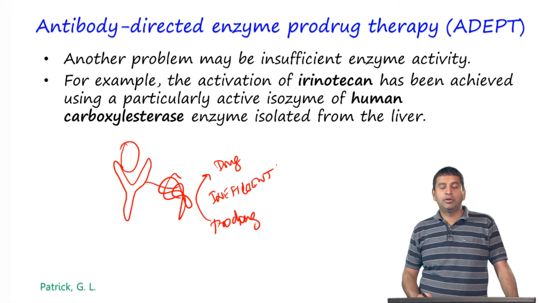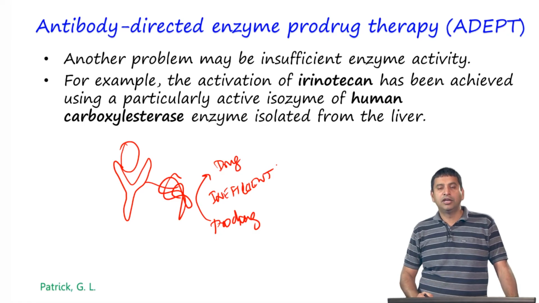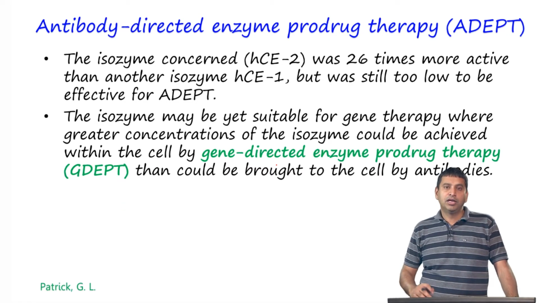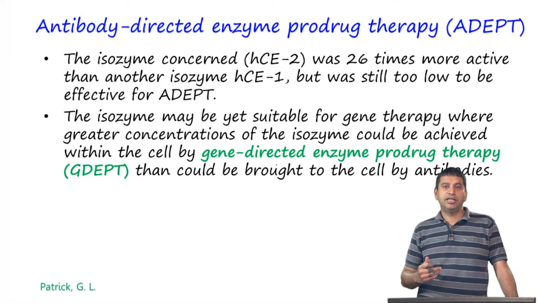The example that we are looking at is irinotecan, which has a conjugate, so that you have the human carboxyl esterase enzyme, which is isolated from liver. Here, the isozyme concerned has 26 times more activity compared to HCE1. Of course, it is still considered too low to be effective for ADEPT. So, we would use an alternate or complementary strategy known as GDEPT, which is gene directed enzyme prodrug therapy.